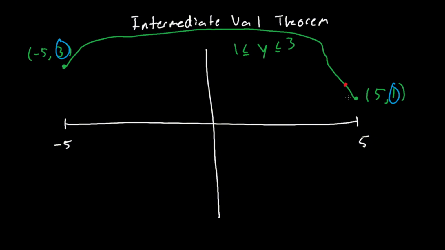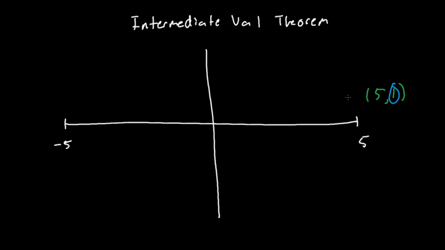And why is this useful? Well, let's say you had a function. So let's erase these old points. Let's say you had a function where the 2 endpoints are on opposite sides of your x-axis. So this is (-5, -2), and this is (5, 3), let's say, since this is pretty high up.